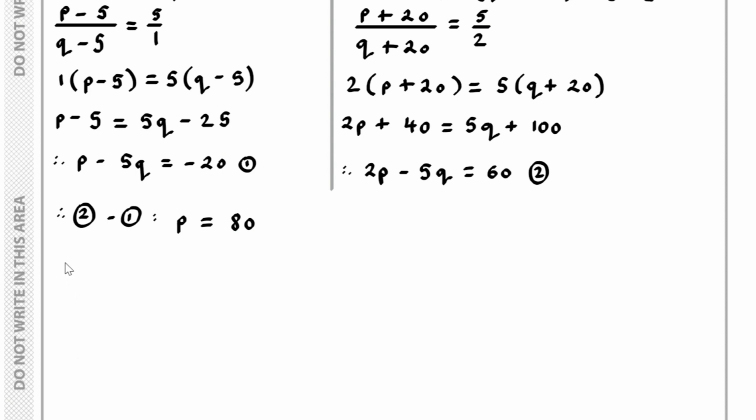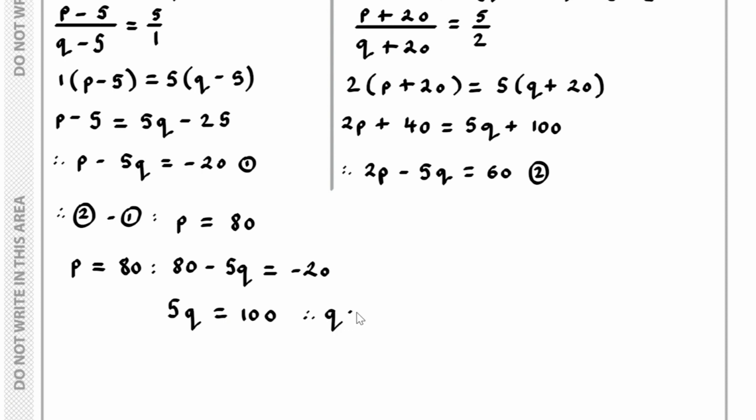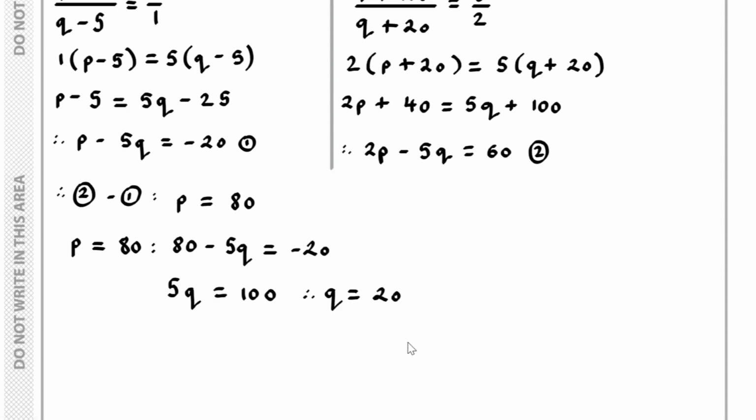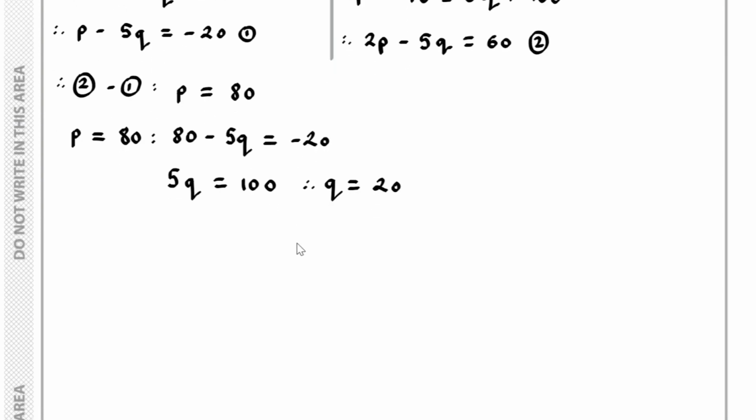P is 80. And when p is equal to 80, I can find out what q is. I have 80 minus 5q equals minus 20. 5q is 100. Q is 20. So I've got the value of p and q being 80 and 20 respectively.